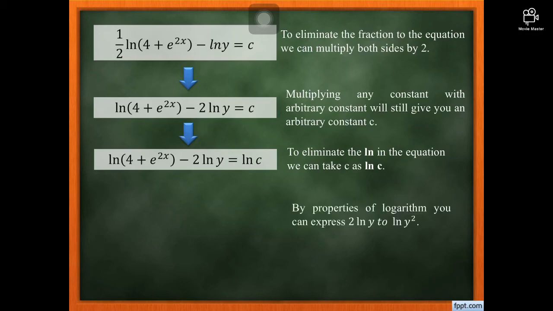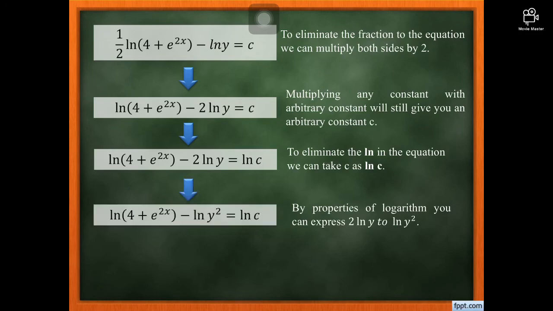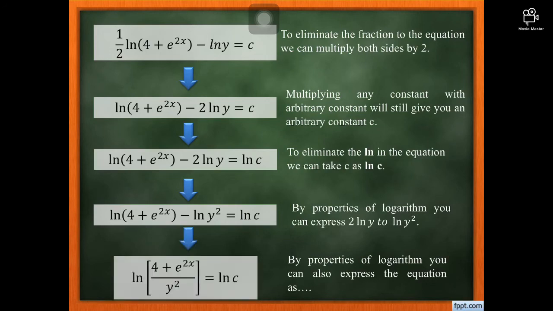By properties of logarithm, you can also express the 2 ln y as ln y raised to 2. Expressing it that way gives us this equation. And then, by properties of logarithm, you can also express the equation as this.